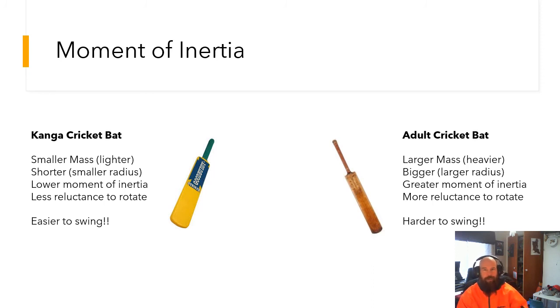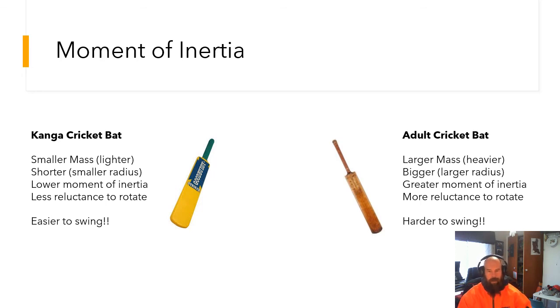we're going to modify the games. This is why you'll often see kids holding full-size cricket bats right up towards the top of the bat, or sorry, the bottom of the bat, because it makes it easier to swing. We'll look at levers in a little bit, but it changes the length of that lever.